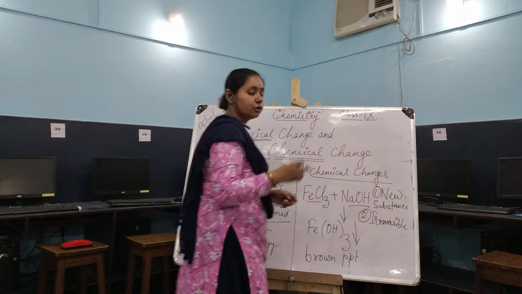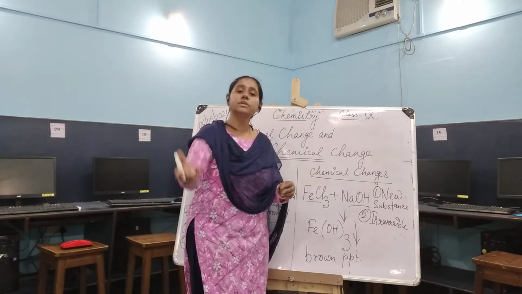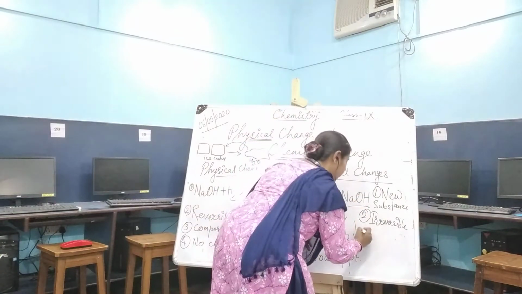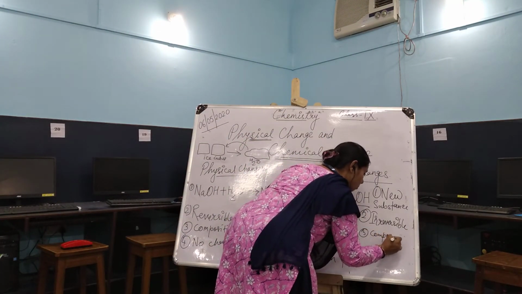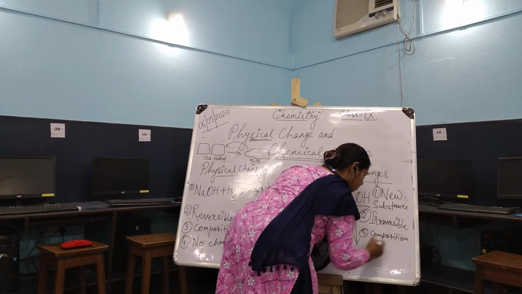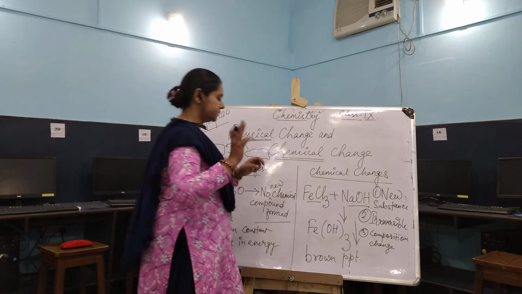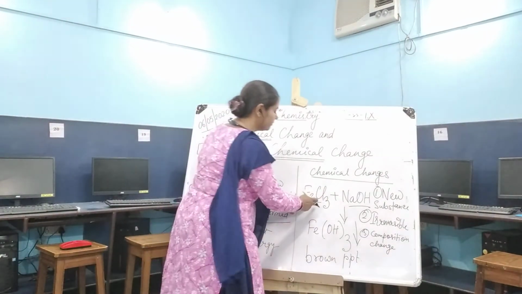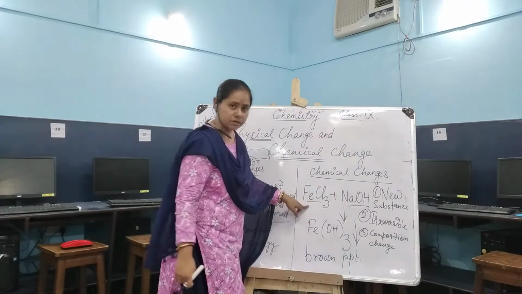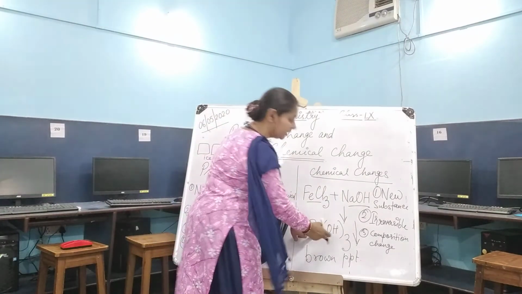The next point for a chemical reaction is that there will be a change in composition. How is the composition going to change? Look very carefully. In this particular reaction, I have ferric chloride and sodium hydroxide, but in the product I am getting ferric hydroxide.